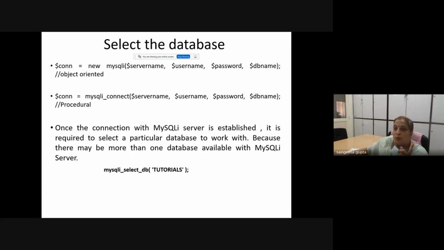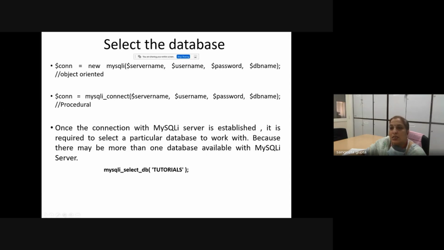One option is when I am giving this mysql_connect. In the previous slide, I mentioned only the server name, username, and the password. You can specify the database name also.